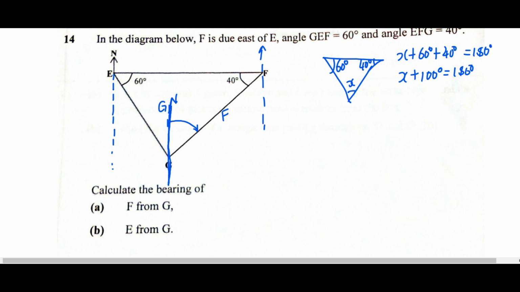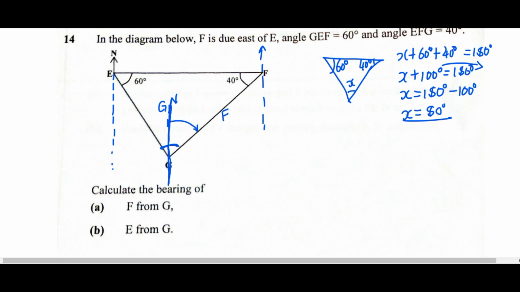So 100 will shift to this side, giving us x is equal to 180 minus 100. If we subtract this, it will give us 80. So this means that this angle at G is 80. Now from this 80, we only need this part with the direction. So how can we solve this angle?